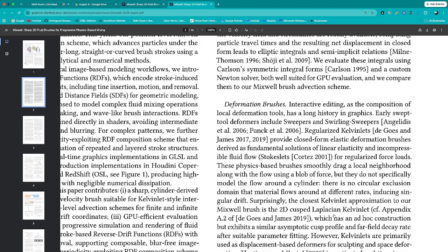This is basically the idea of interactive editing as the composition of local deformation tools. This is something that has been around for quite a while in computer graphics. Early swept tool deformers include sweepers and swirling sweepers, regularized Kelvinlets, and other tools.